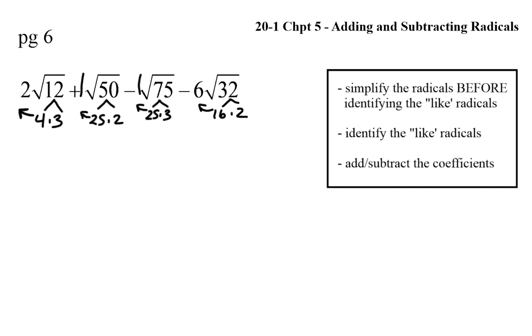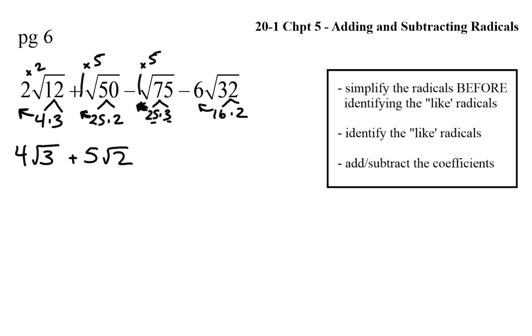When we root out the 4, that means it's becoming a 2. So 2 times 2 leaves us with a 4 root 3. 25 gets rooted out. 25, when it's rooted out, is a 5. So we have to multiply 1 by 5, which now leaves us with a 5 root 2. 25, the 75 is 25 times 3. 25 roots out, becomes a 5.